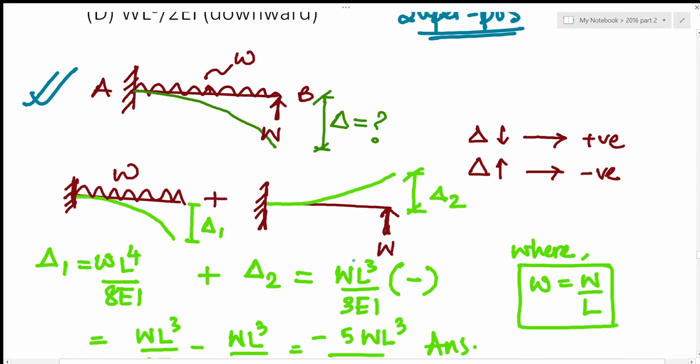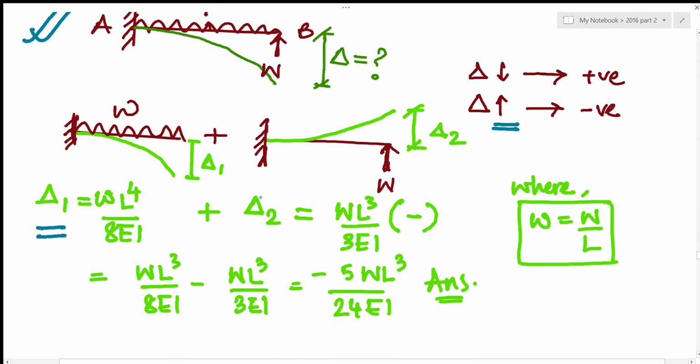For the first condition, the deflection is given by omega L to the power 4 by 8EI. For the second condition, it is given by WL cube by 3EI, which is in the upward direction. We have considered upward direction as negative, so that would be a negative sign. Now the total deflection would be this.